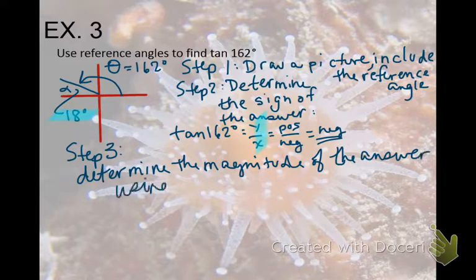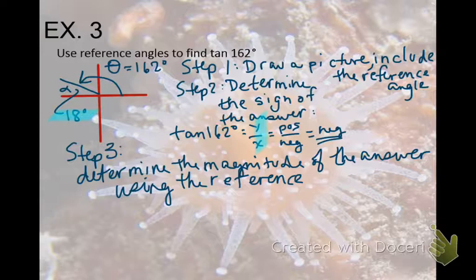So let me pause just for a minute and emphasize that here we are figuring out the sign of the answer using all students take calculus, or using the positive over negative where the angle actually lay.